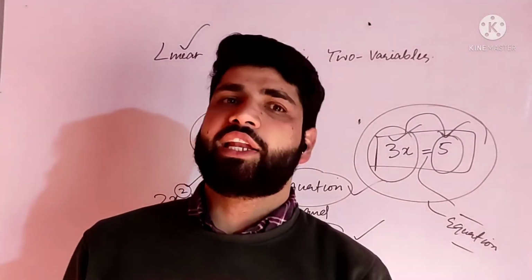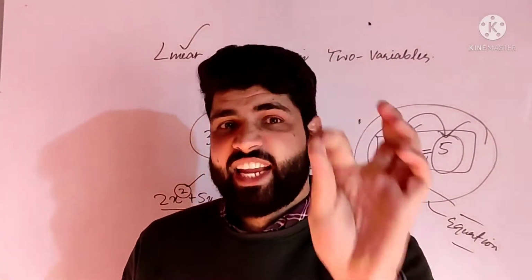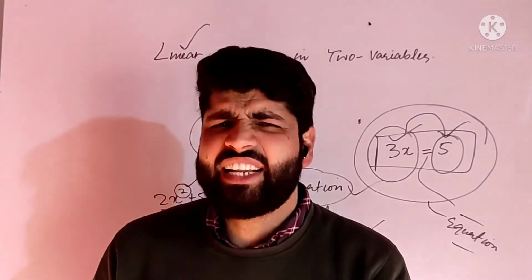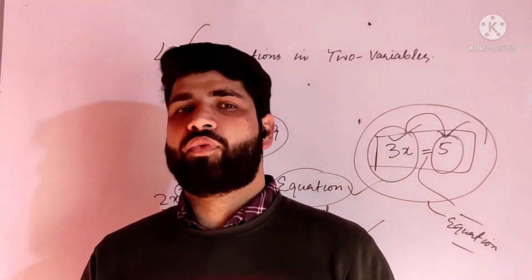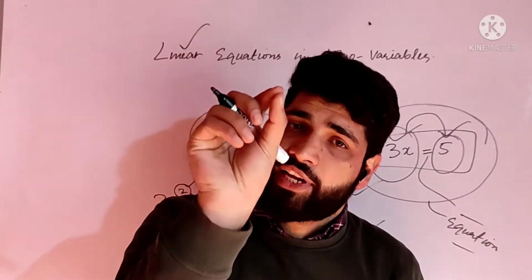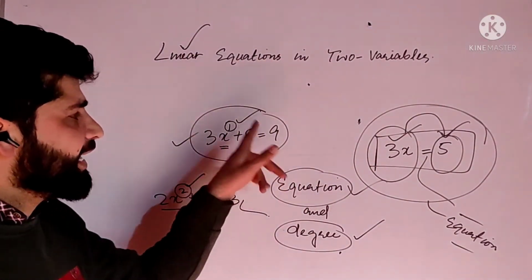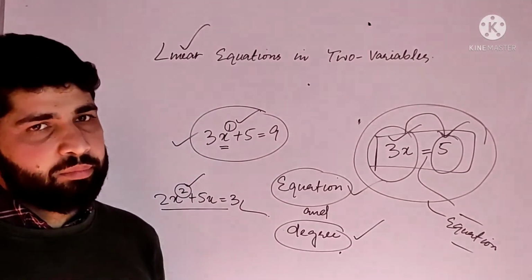And if any equation whose degree is 1 contains only one type of variable, that equation is known as a linear equation in one variable.